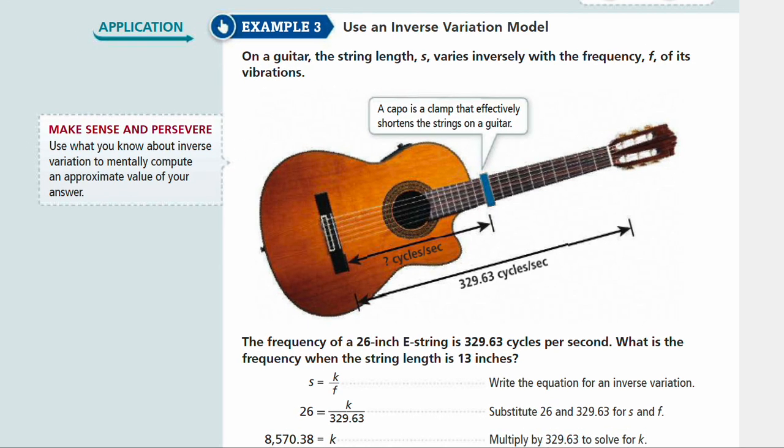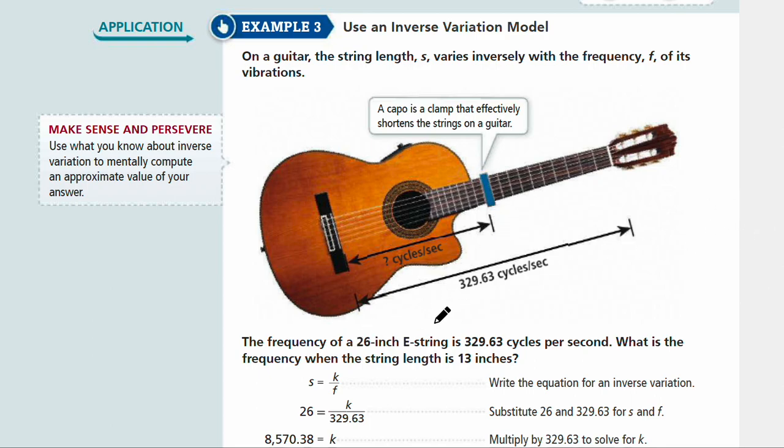On a guitar, the string length S varies inversely with the frequency F of its vibrations. If you look at this guitar, a capo is a clamp that effectively shortens the strings on a guitar.